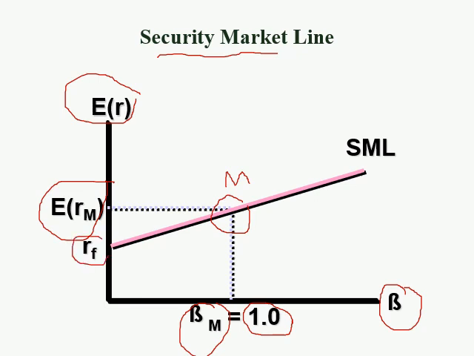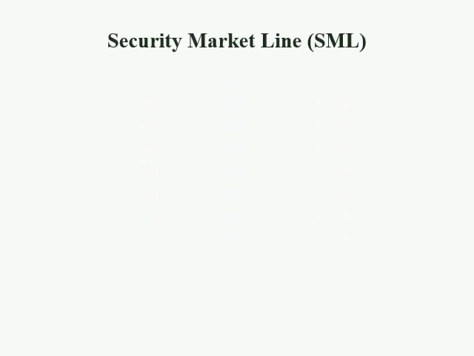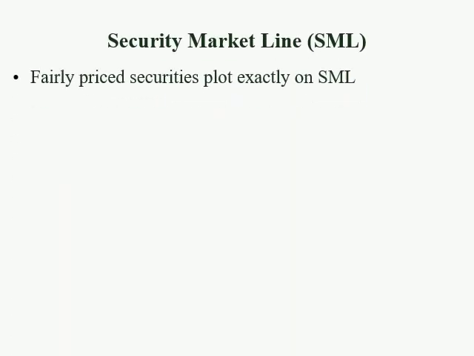Here RF is the risk-free rate, and the line between RF and M is what we call the security market line, SML. Fairly priced securities plot exactly on the SML. You will find that all securities whose price is fair are located exactly on the SML, not below it or above it.